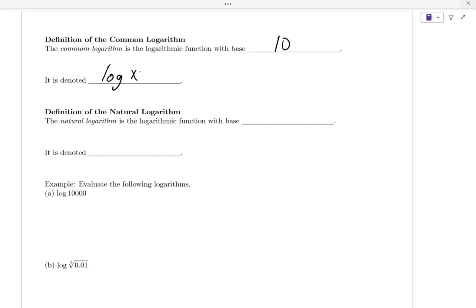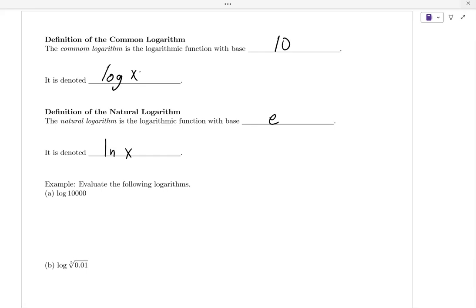It was a little bit less than 3. E, right? So the natural logarithmic function is log base e. The notation for the natural logarithm function is ln of x. That's an L, not an I.